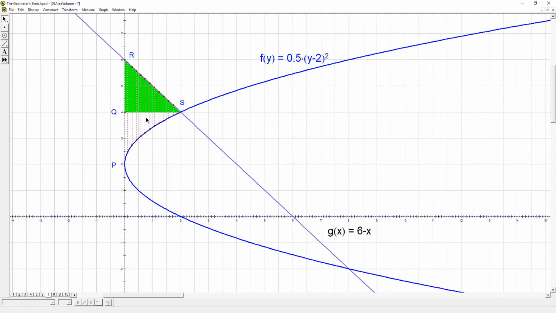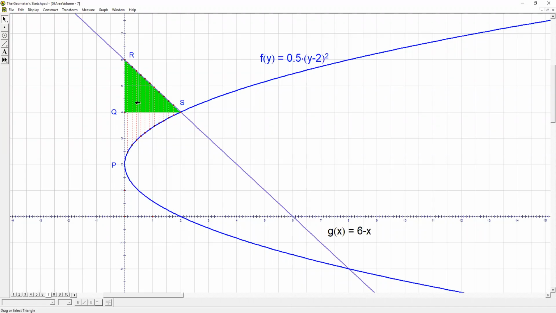One more time. The whole thing here is the shaded area. But the whole shaded area doesn't come from the curve alone. Only this white part comes from the curve. The green part comes from the straight line. Is that okay? Karin, is that okay?